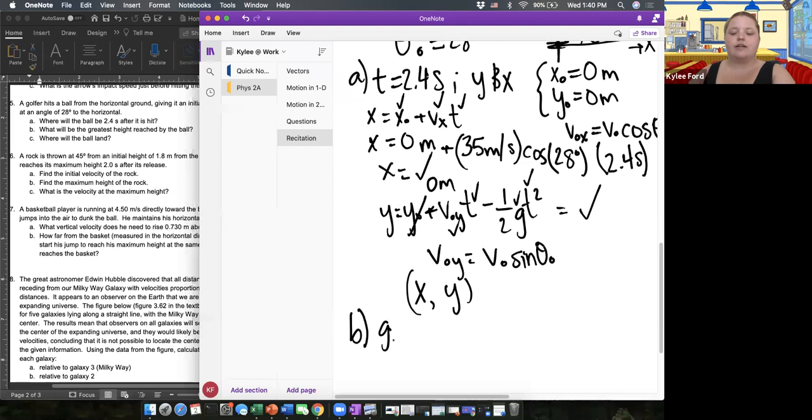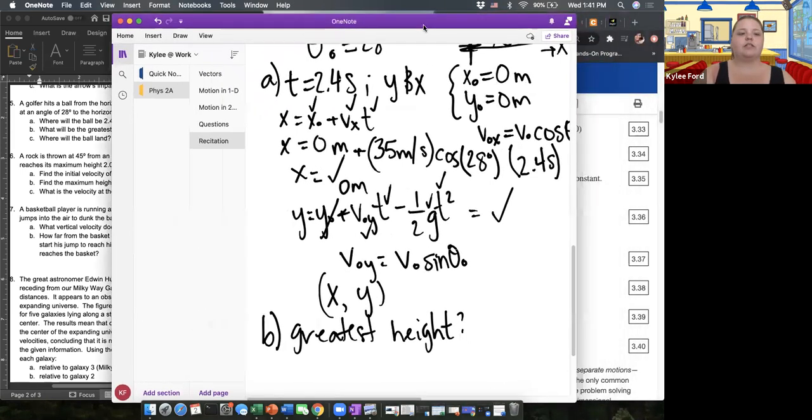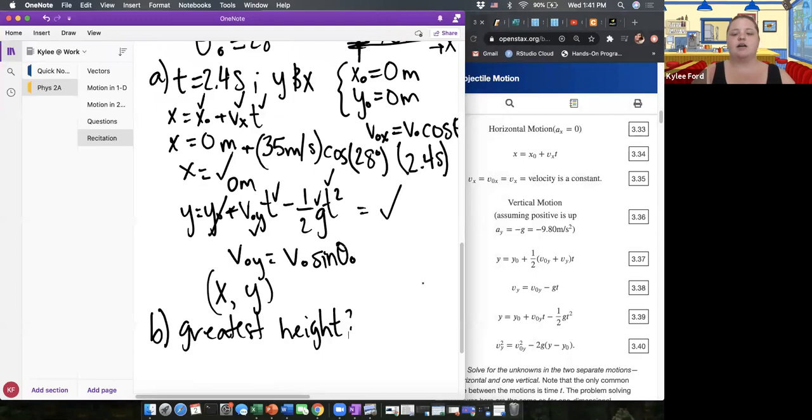So greatest height. What I did when I was solving these problems was completely just using these equations.